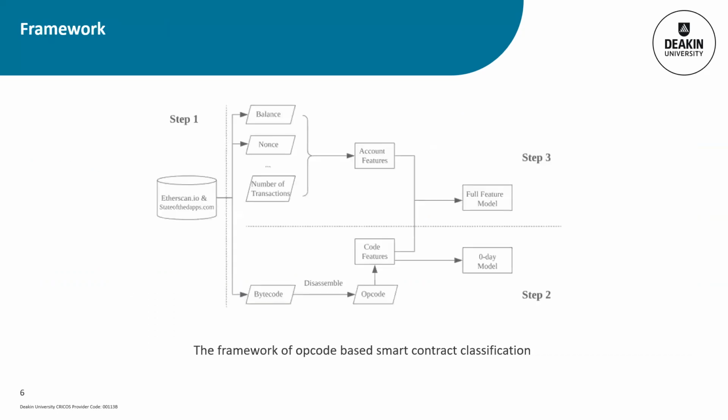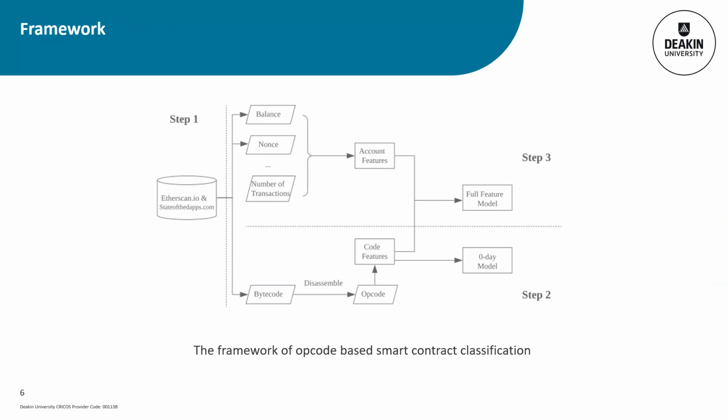The overall framework is illustrated in the figure. We first collected and verified smart contracts by crawling from Ethereum explorers, such as etherscan.io and stateofthedapps.com, including the contract bytecode and related account information. The 2nd step converts the bytecode into opcodes and extracts the code features to train the zero-day model, which is able to classify contracts once they are uploaded.